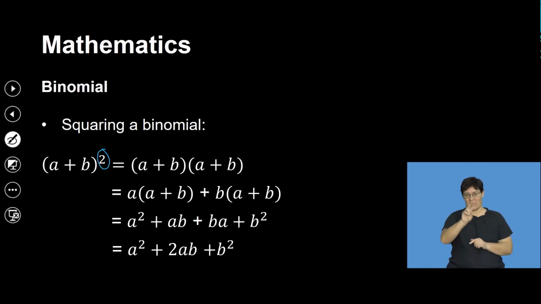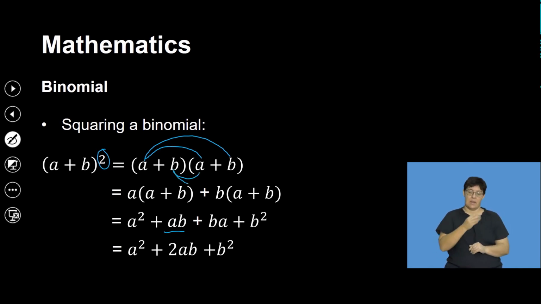And to multiply that, remember, you still use the distributive law. The a is multiplied by that a, and the a is multiplied by the b, which gives me a squared and ab. And then the b is multiplied by that a, and the b is multiplied by the b there, which gives me ba and b squared. So if you add your like terms in the middle, it gives me 2ab.